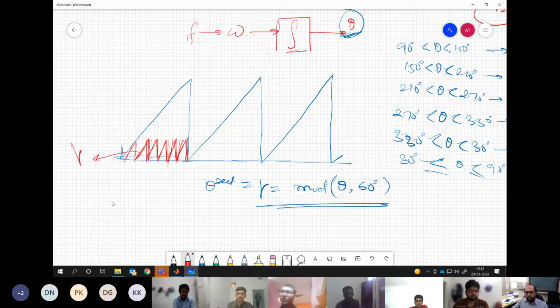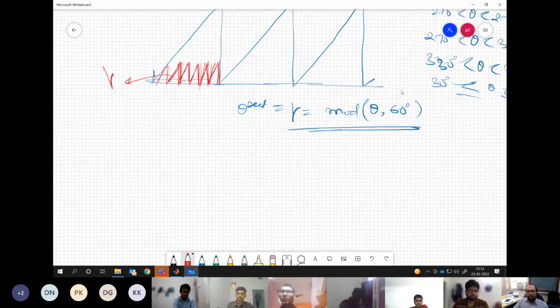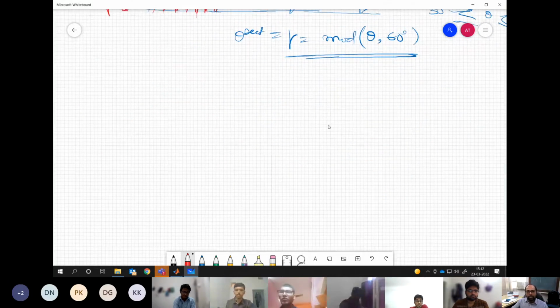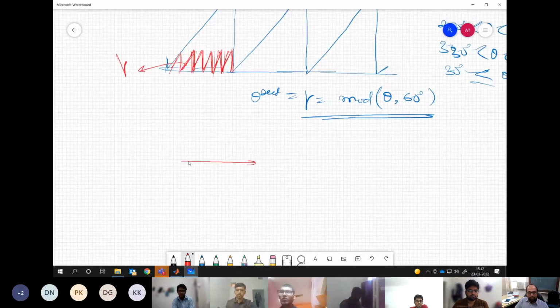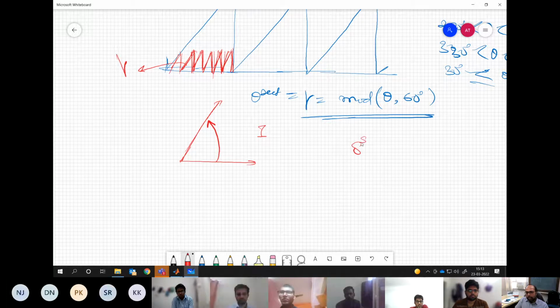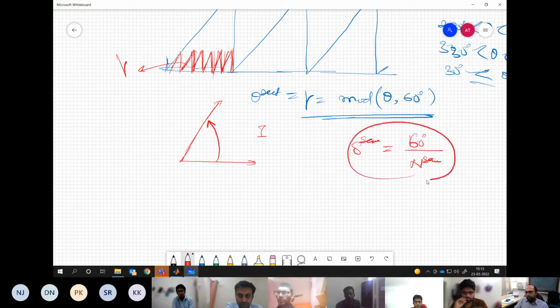Now we know which sector we are in and what the sector angle is at the given moment. Say, for example, you are in sector 1 and your gamma is changing from 0 to 60 degree. The meaning of delta sampling is that we are realizing a sample over this much duration.